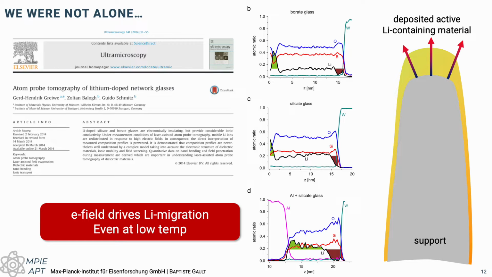Even at the very low temperature that we use, the field could actually drive the lithium to come out of the specimen towards the top surface. And so performing the analysis had become really challenging because we could not really see where the lithium was inside of the structure, it was already coming out.